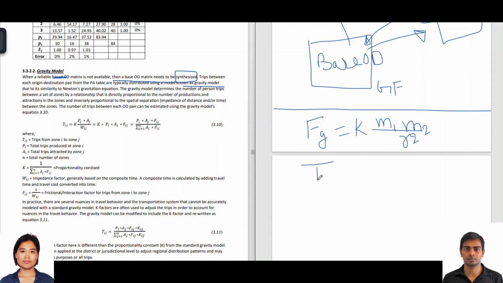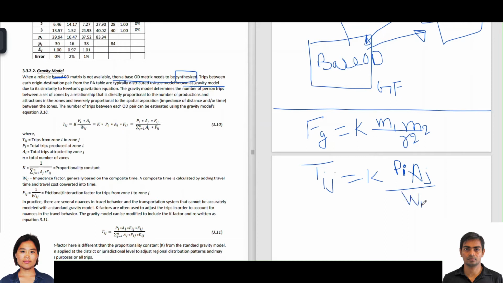So trips between origin I and destination j is given by a constant similar to this one, times the production of I, so the number of trips produced from zone I, and then the attraction of zone j, and then instead of r square, what we have is called the impedance function.